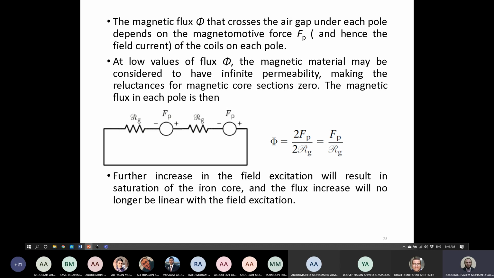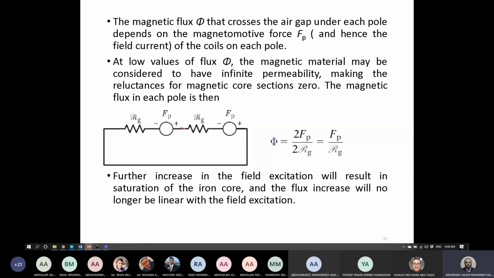The circuit will be just the reluctance of the two air gaps and the overall MMF of the two poles, and we can consider that the reluctance of the yoke is also zero, if we assume infinite permeability for the magnetic core.